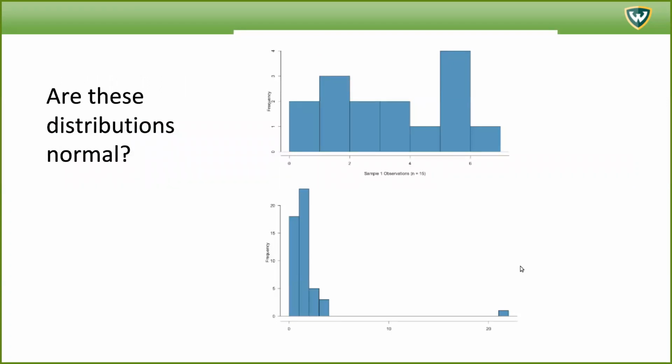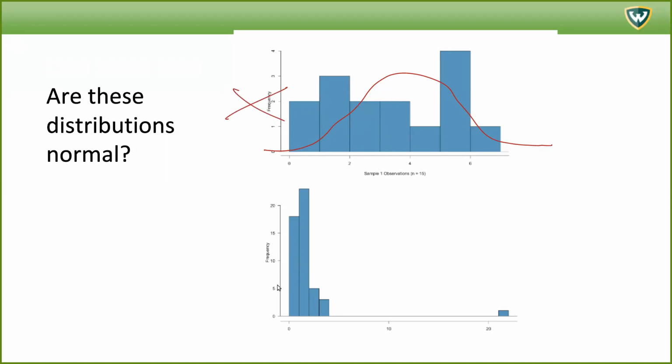We can create a histogram of the sample that we have. If you come up with a histogram like these two, for example, do these look normal? What do you think? As we usually draw it, a normal distribution is smoothed out like this. It doesn't have to be smoothed out when we are creating our histograms, but it should at least reflect this shape. And obviously this one does not, so this doesn't look like a normal distribution.